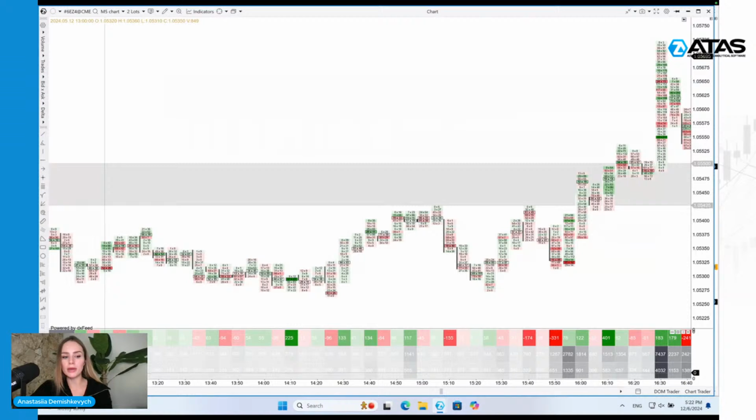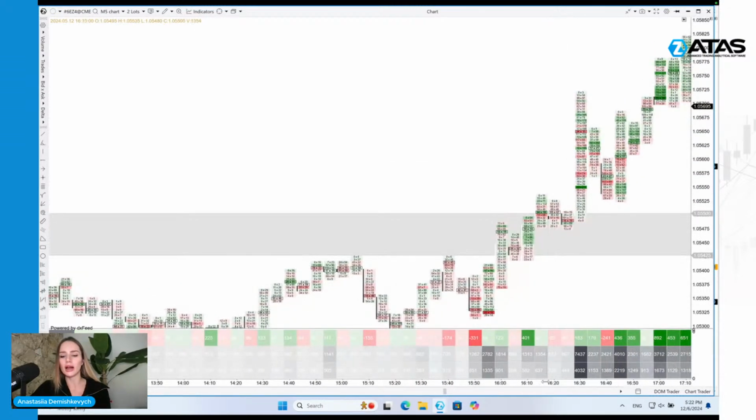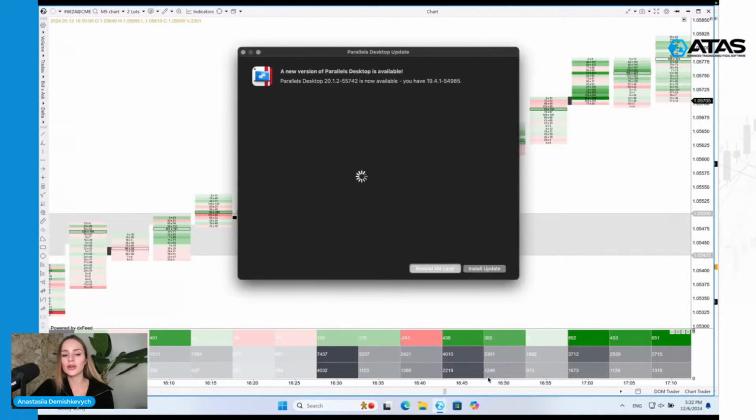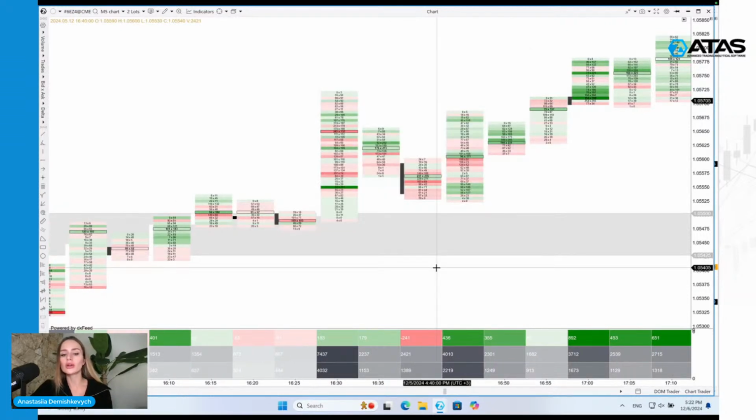The biggest number of trades from the London session until 4:30 was 1,300. Then at the moment of breakout, what needs to catch your eye is that the number of trades suddenly increased to 4,000 in only 5 minutes. That's a big difference, right?